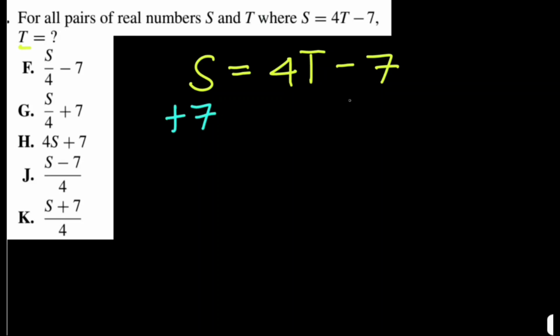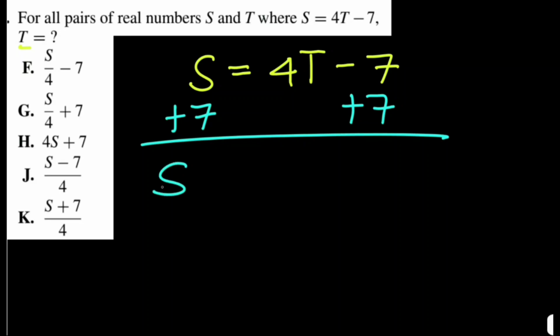For all pairs of real numbers s and t, where s is equal to 4t minus 7, t is equal to. So we are asked here to solve for t. And we're given this expression s equals 4t minus 7. Now to solve this equation, we just have to add 7 to both sides.